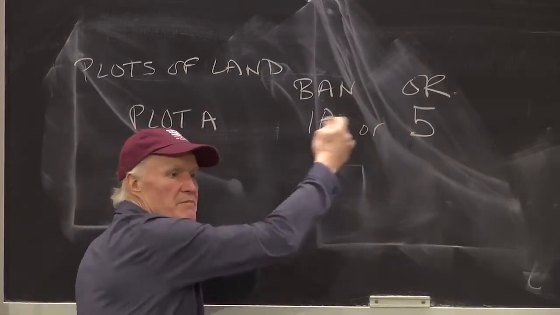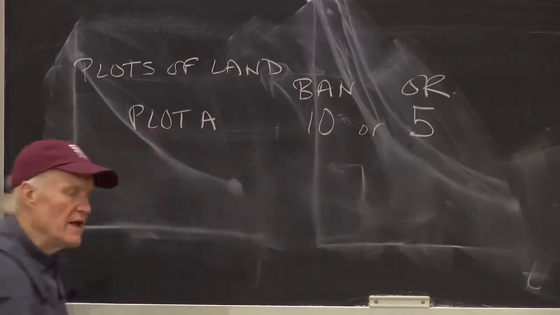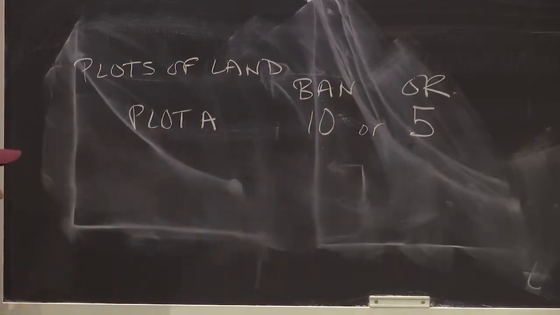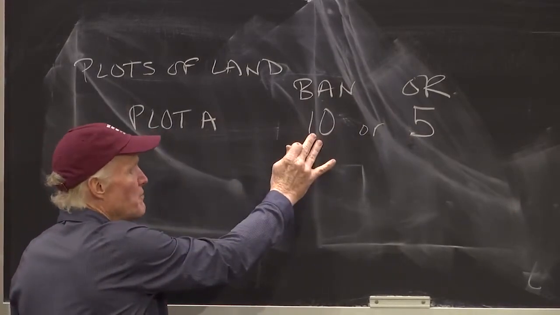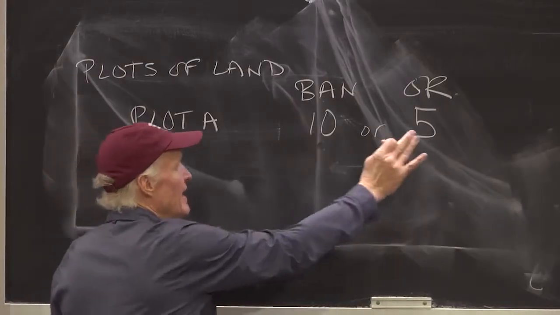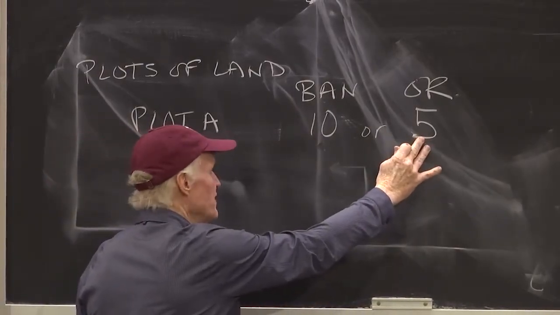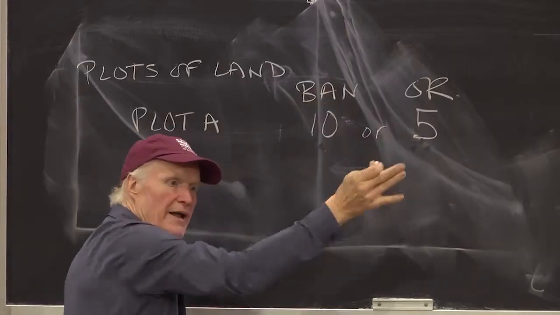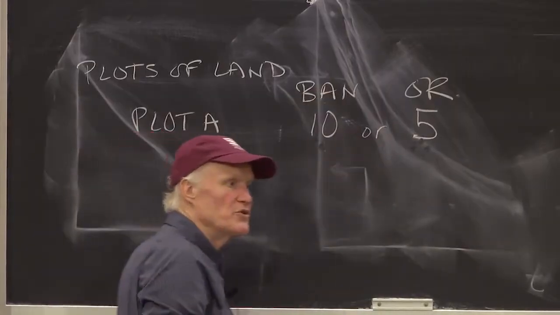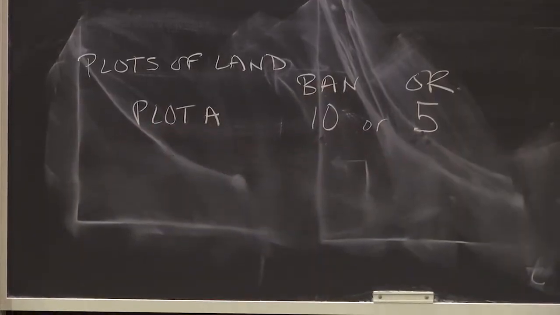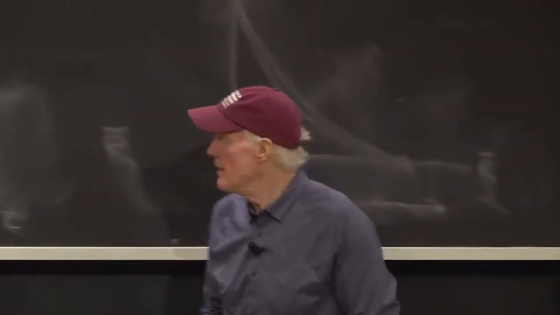Or he can use any mixture he wants, right? He can split the plot up, but if he uses the whole plot for bananas, he gets 10. If he uses the whole plot for oranges, he gets 5. Or he can split the plot any way he wants and get some reduced fraction of each. Okay? People understand the technology. It's a very simple linear technology. Okay?